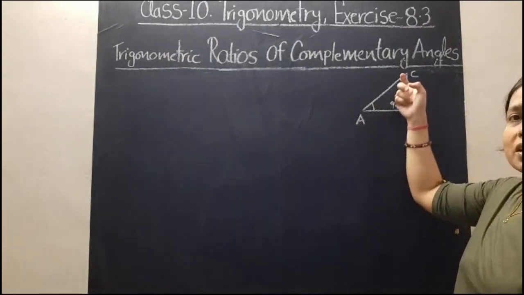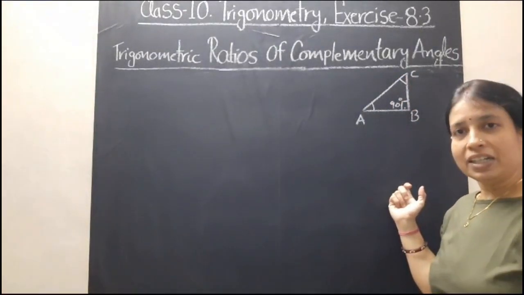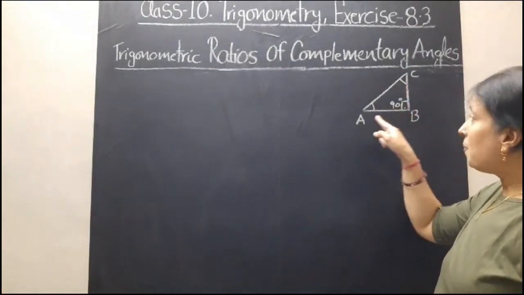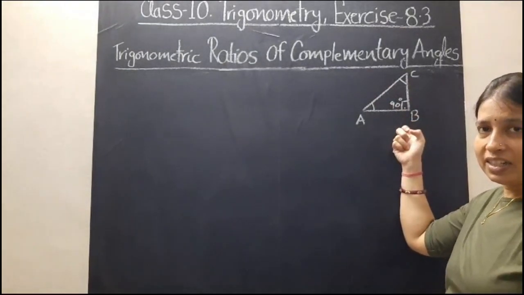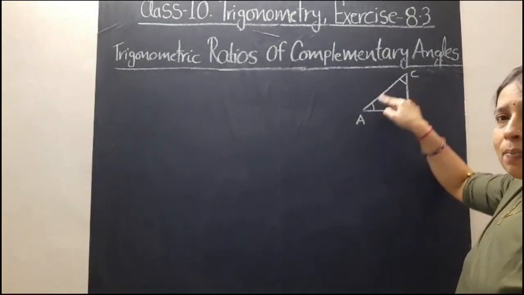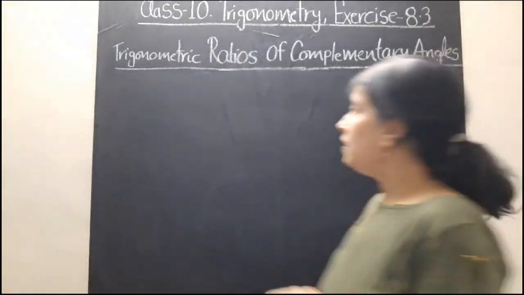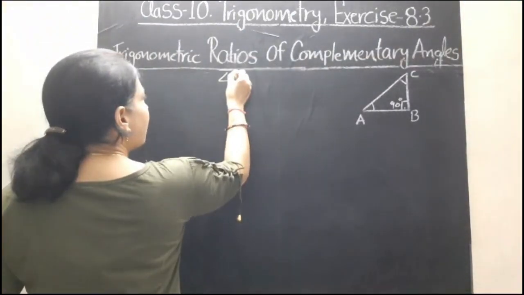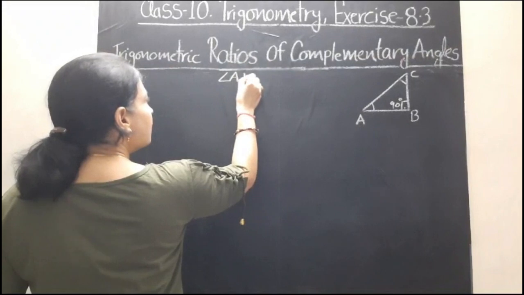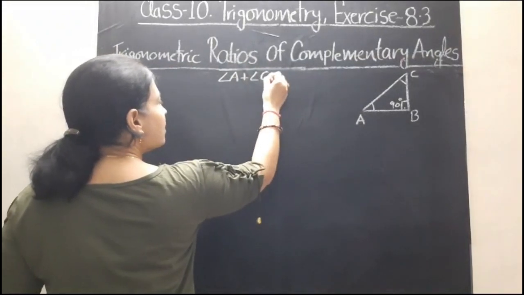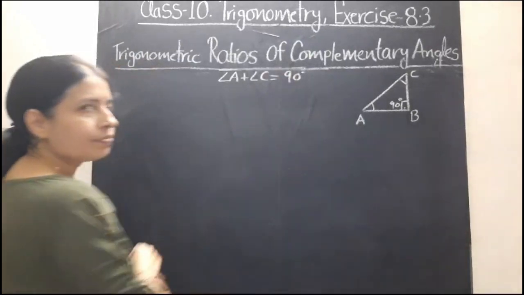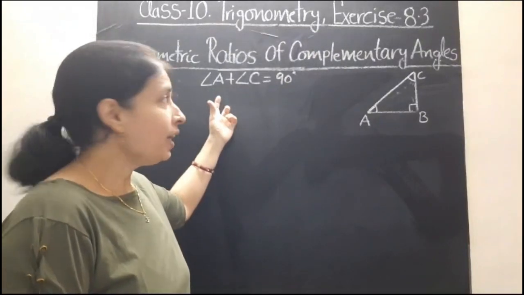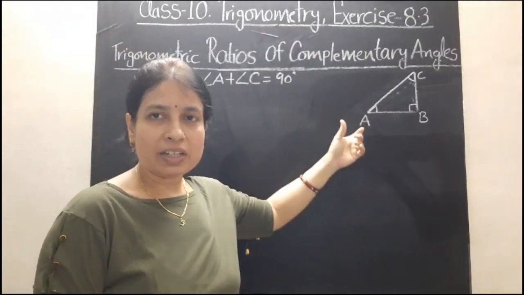Angle A plus angle C will be 90 degrees, because A plus B plus C is 180 degrees and angle B is 90 degrees. So you can write angle A plus angle C is equal to 90 degrees. So here angle A and angle C are complementary angles.